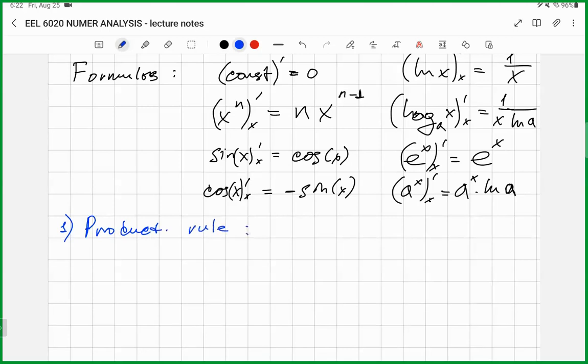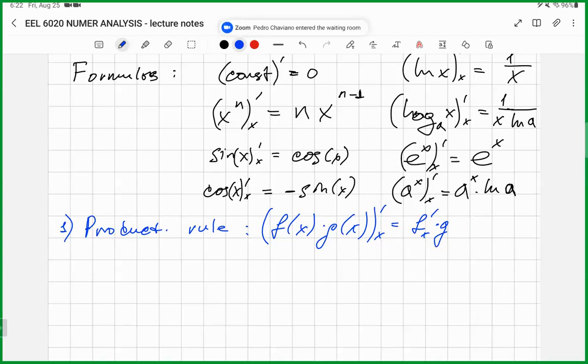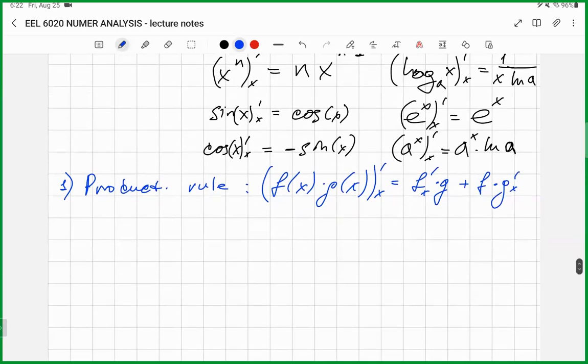The product rule says that if we have two functions f(x) and g(x), and we take the derivative by x, we take the derivative of the first one times the second one, plus the first one times the derivative of the second one. So this is the so-called product rule.